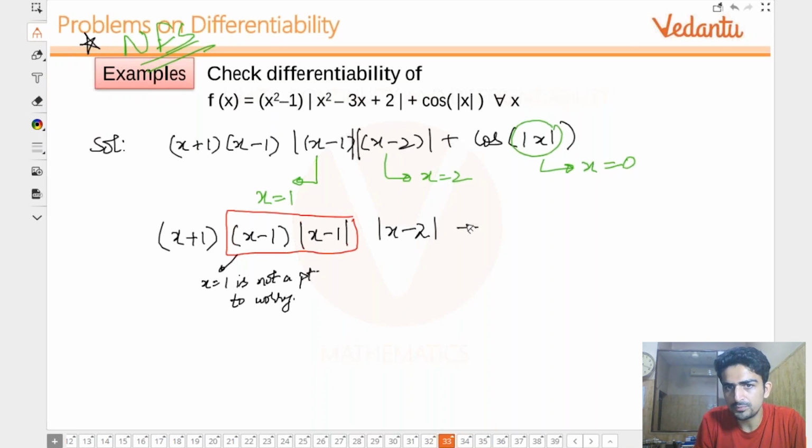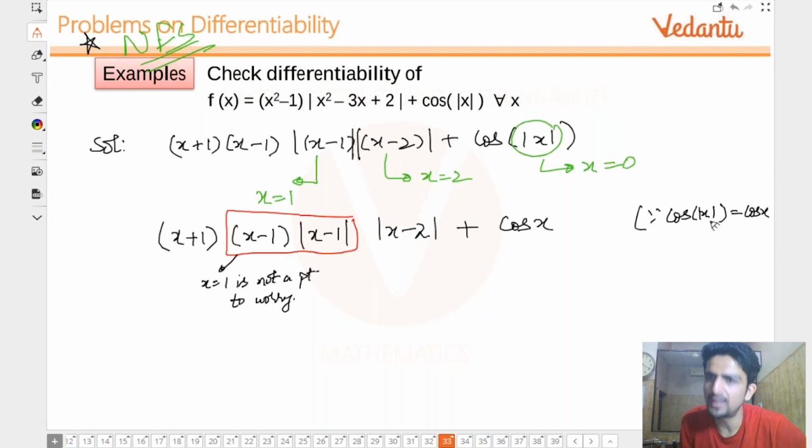Now, guys, cos of mod x is cos x. Why? Beta, because if this mod opens up with plus sign, then clearly it is cos x. And if this mod opens with a negative sign, even then we know cos of minus theta is cos theta. So in both the cases, it will come out to be cos x only.